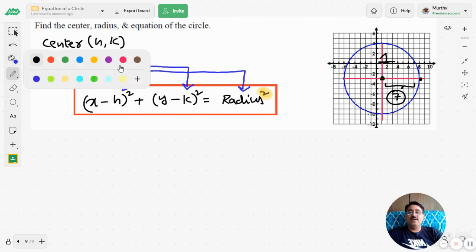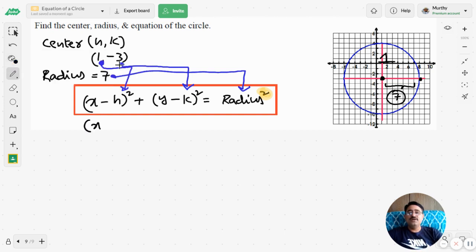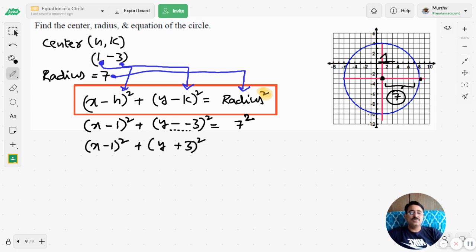So the value of h, that is 1 square, plus the value of k, that is -3. Oh my gosh, every time in the second parenthesis only I'm getting the negative. Radius is 7 units, therefore 7. Don't forget to keep the square. And let's simplify. So it is x minus 1 square plus y negative of negative, positive 3 square, equals 7 square, which is 49. Any questions on this?